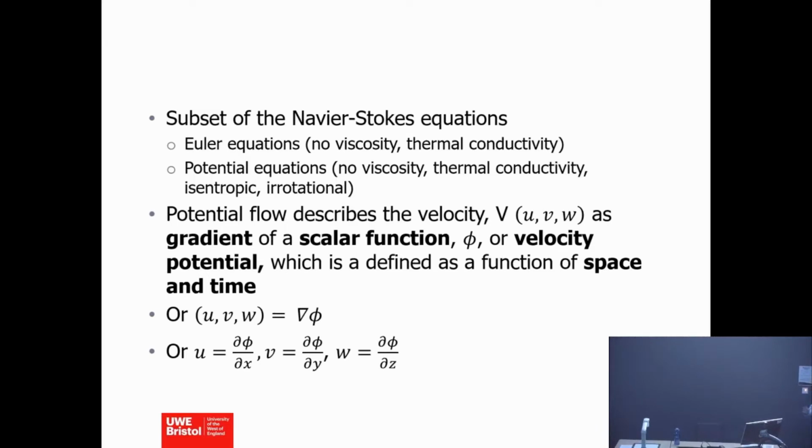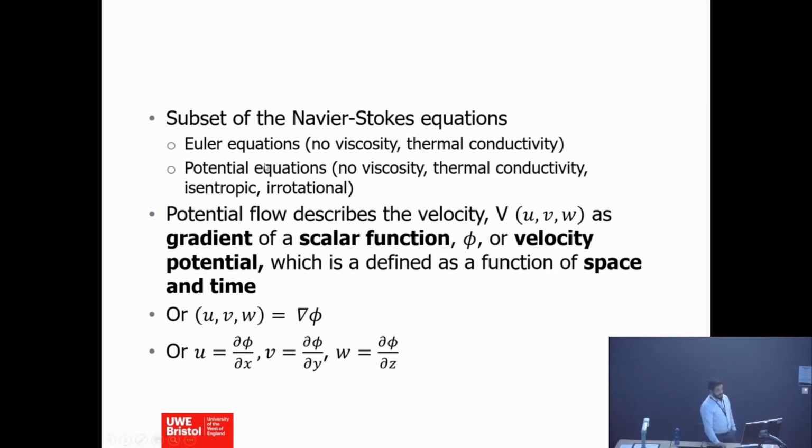Now, of course, you can go and solve the equations with no assumptions. That's fine. You get an accurate result, but computationally they're very expensive. Also, to solve them using numerical methods, they're not easy. So it makes sense that people made simplifications to make the solution of those equations easier and easier. One subset of that, with certain assumptions, is what we call the Euler Equations. In Euler Equations, which is a simplification of Navier-Stokes, we are saying no viscosity and no thermal conductivity.